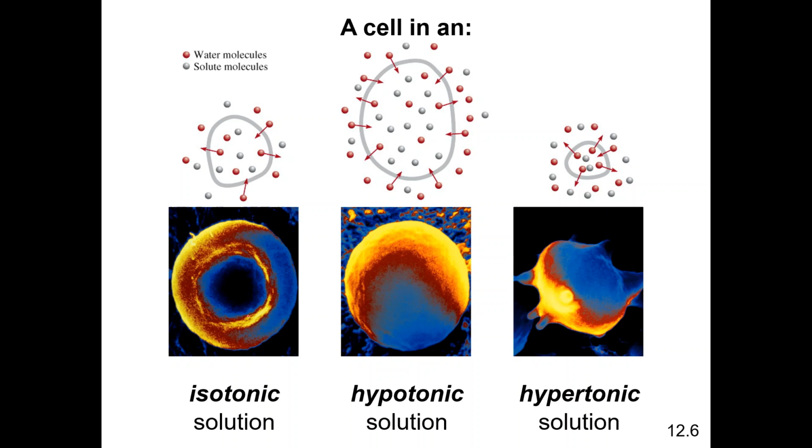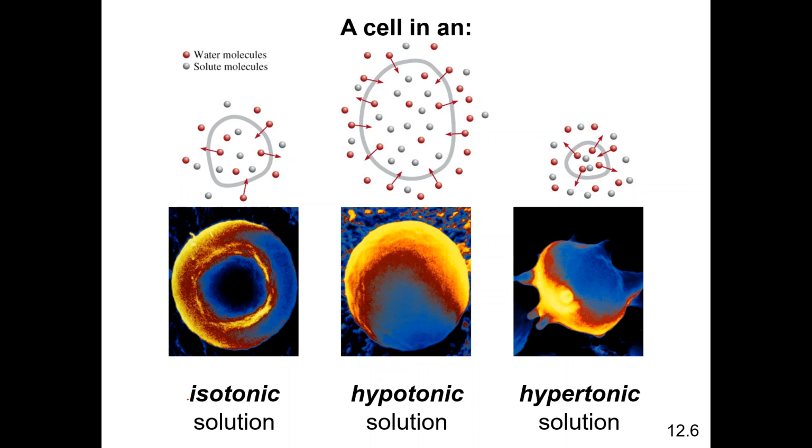Now, when the solution around the cell is less concentrated or more dilute, that solution is hypotonic, all right? And the result of that would be that the net transfer of solvent molecules would be from outside the cell to inside the cell. The result of that is that the cell will swell up and burst.